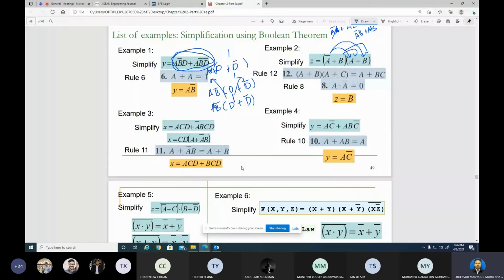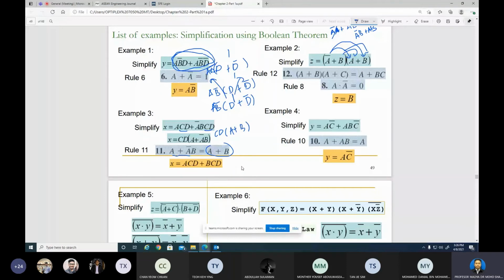We have CD here, so you can simplify, and use rule number 11: A plus A bar B equals A plus B. So this one changes to CD multiplied by (A plus B).